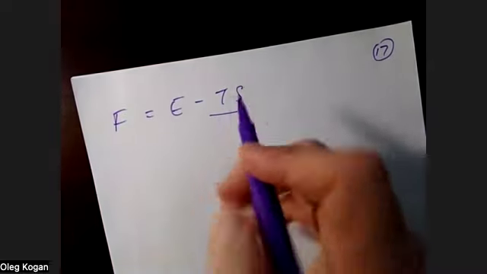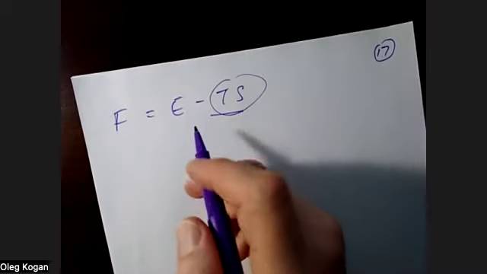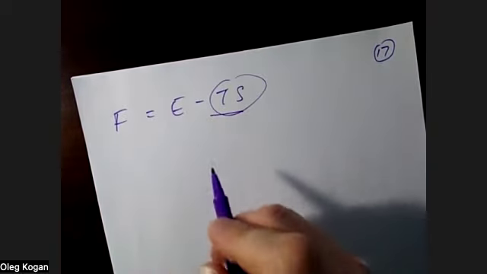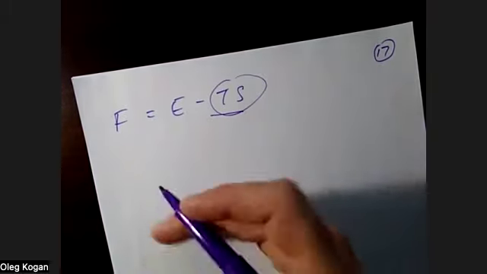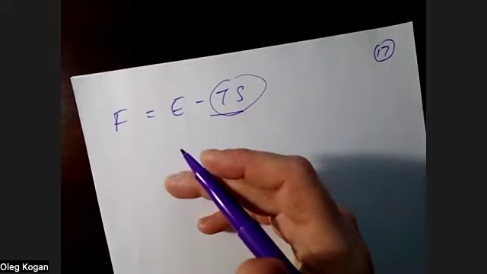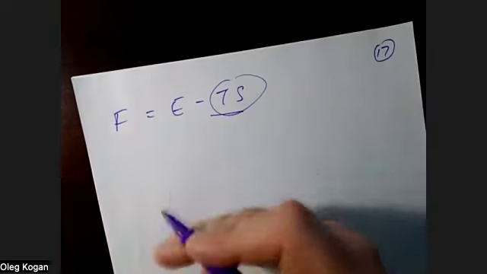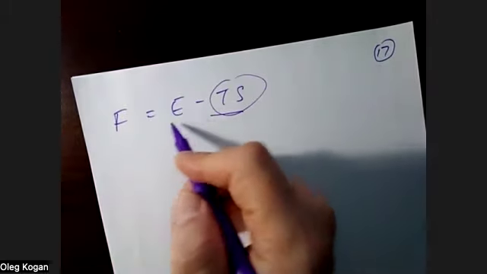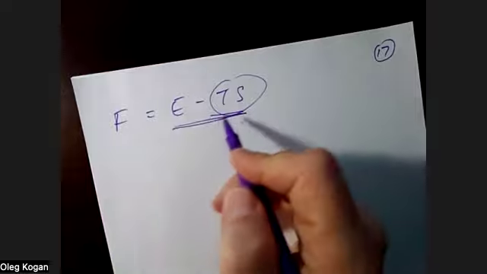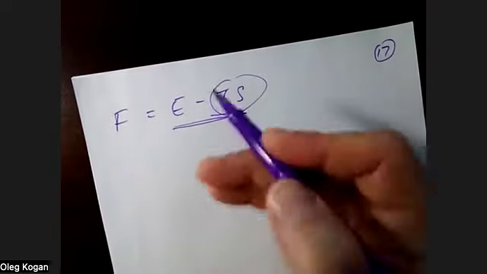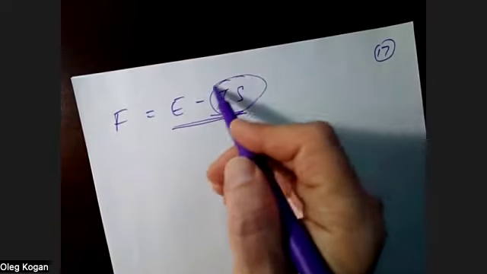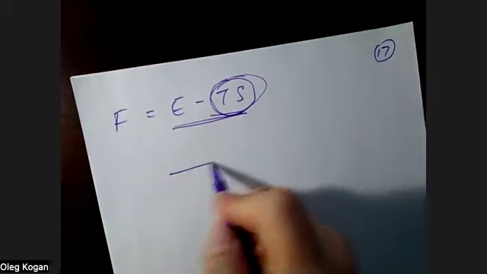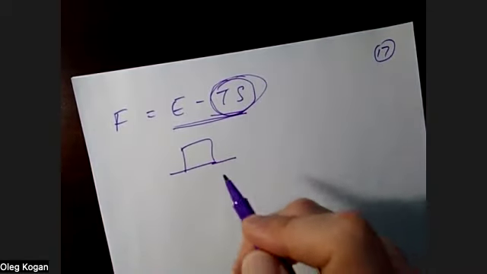Why E minus TS? Because TS is how much energy is provided spontaneously by means of heat from the bath. And so the amount of energy that you have to provide on top of that is really the difference between the total energy in the system and how much energy is provided for free from the bath.